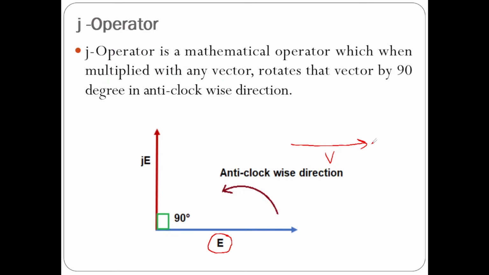This is my voltage V, represented in vector form. If I rotate it anti-clockwise by 90 degrees, then this V will become JV.